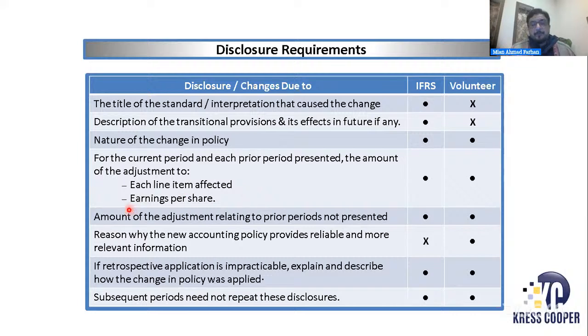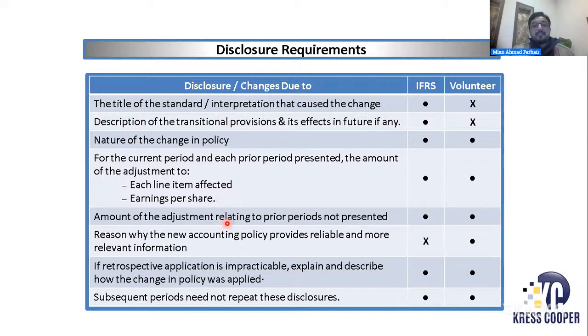And, excuse me, the ultimate impact on the earnings per share should be disclosed, because obviously the earnings would be different because of the change in policy. This policy will impact the gain or loss on the profit or loss, and the earnings available for distribution to the equity shareholders would be changed, and this will bring change in EPS.